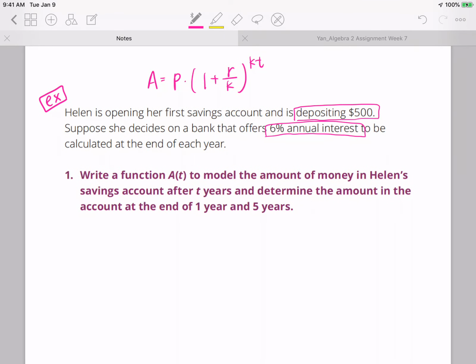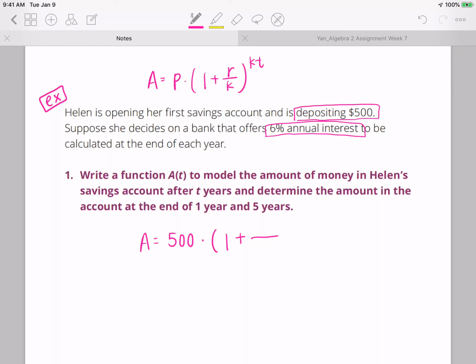What are some of the information that I can actually substitute in here? I don't know my A yet, so I'm going to keep my A there. P is your initial amount, which is 500, times 1 plus. R is your percentage.